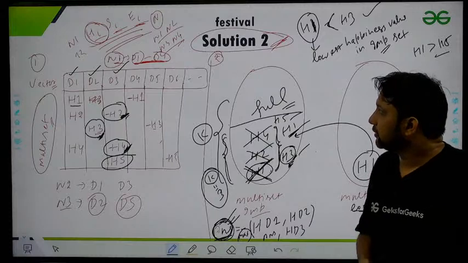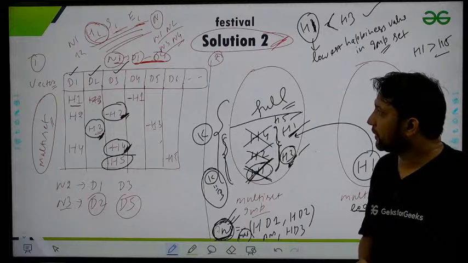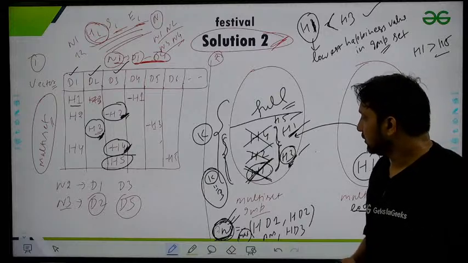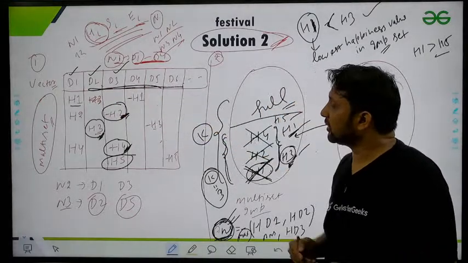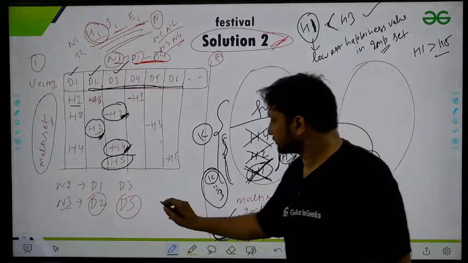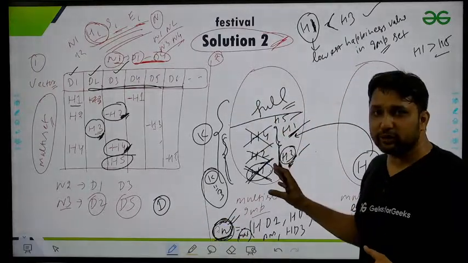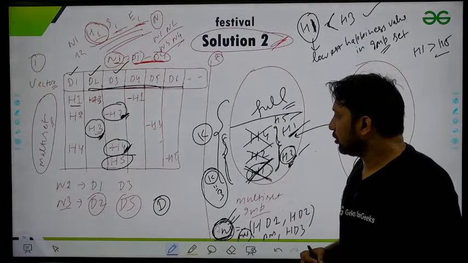And the complexity of this algorithm: you are working for D days, and for each of the D days you can perform at most a log n operation.